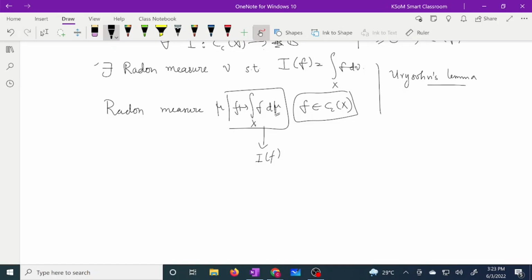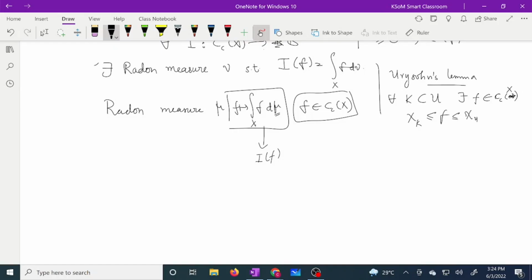For every K contained in U, where U is open and K is compact, there exists an f in Cc of x, not C_c infinity, Cc of x, such that chi K, the characteristic function of K, is less than or equal to f, which is less than or equal to chi U, the characteristic function of U.